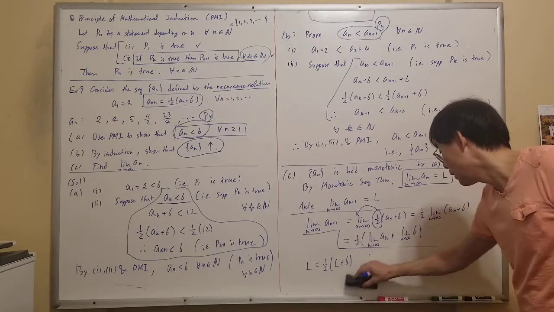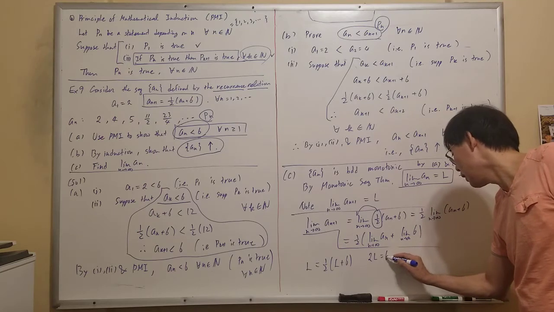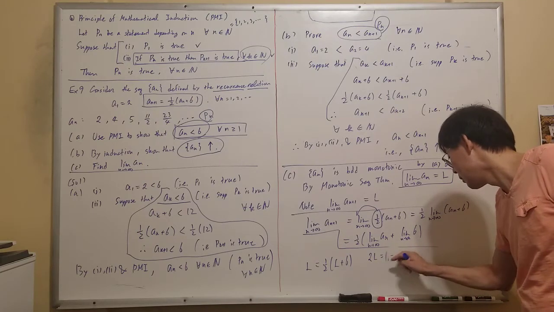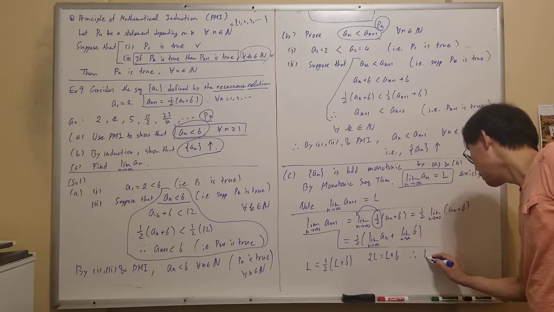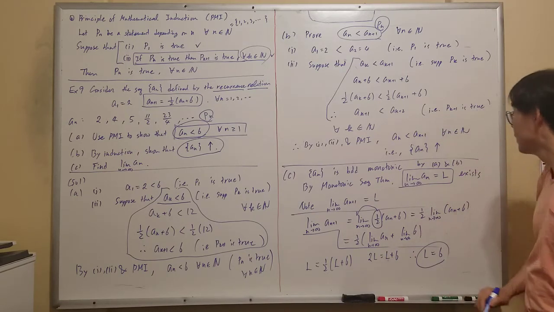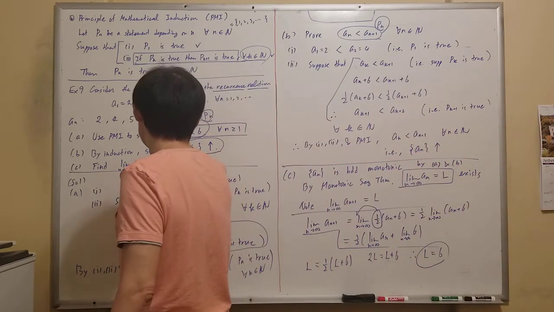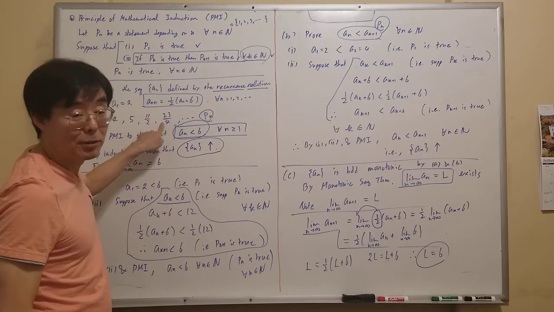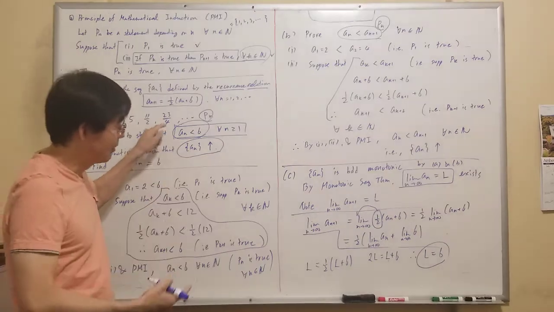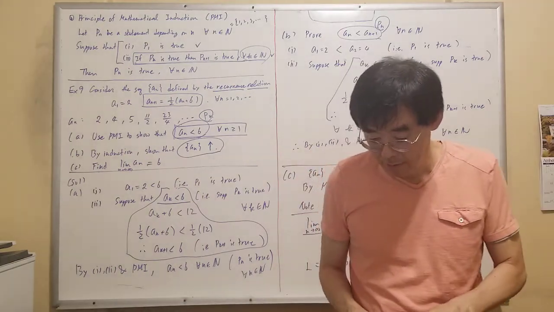Or I just multiply both sides by 2. 2L equals L plus 6. L equals 6. In the example, 5.5, 5.75, yeah, it was really approaching 6.